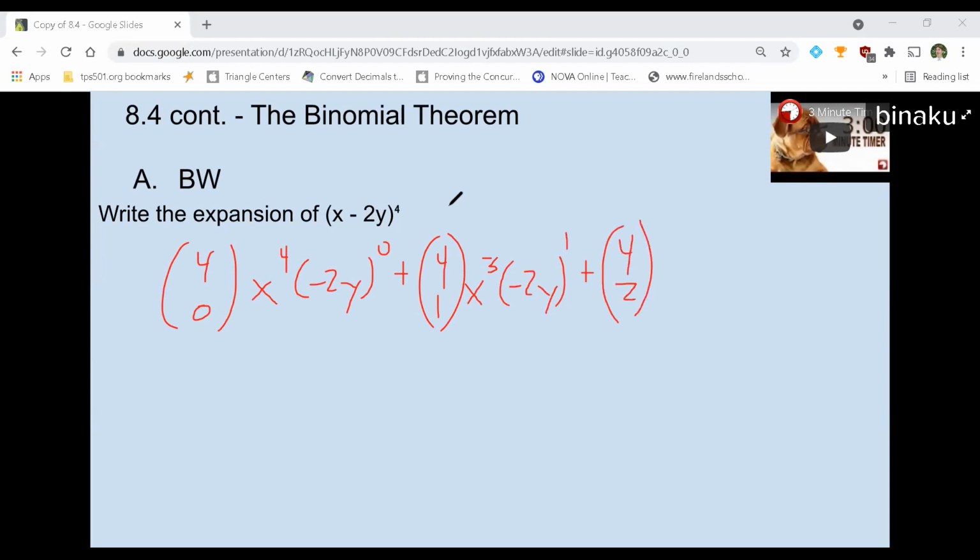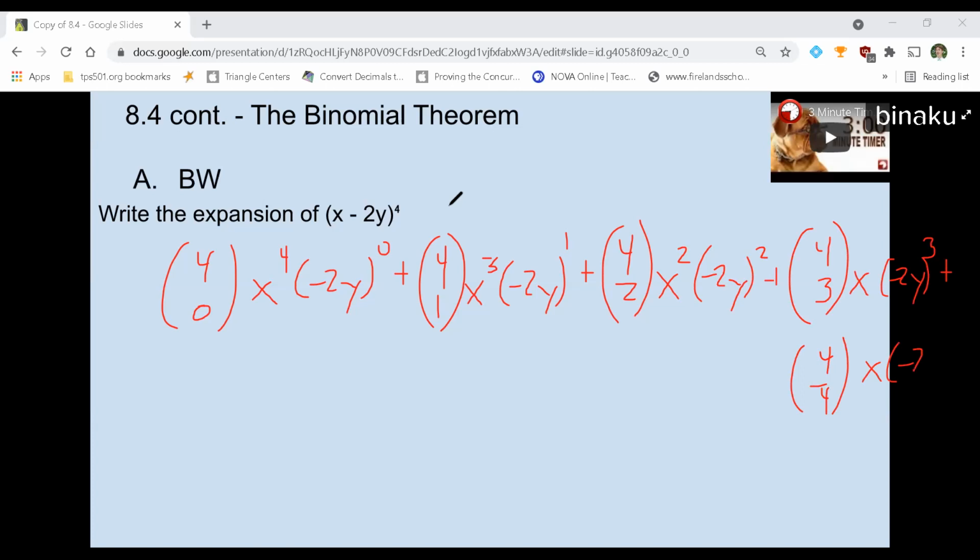I think I might run out of room. x squared, negative 2y squared, plus 4, 3, x to the 1st, negative 2y cubed. I did run out of room. Plus 4, 4, x to the 0, negative 2y to the 4th.